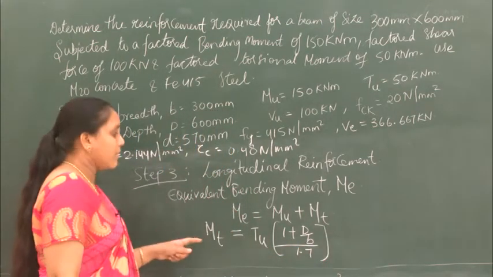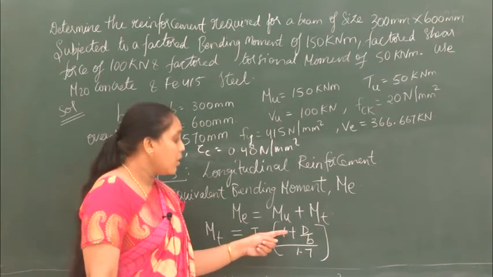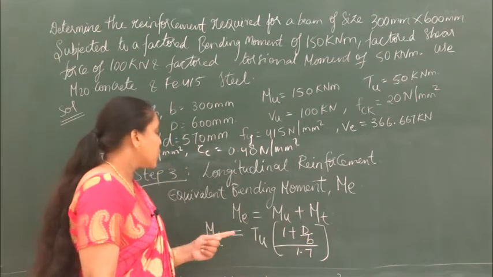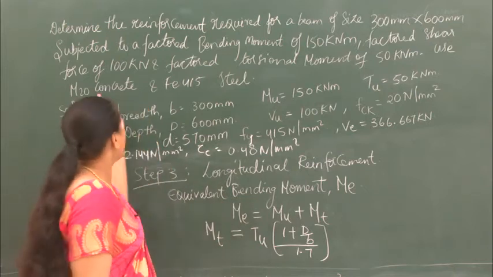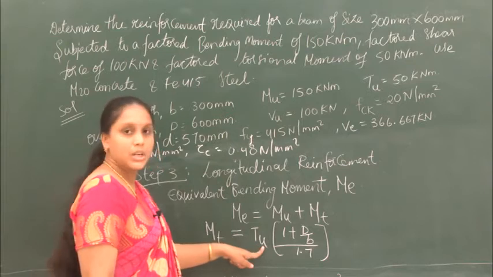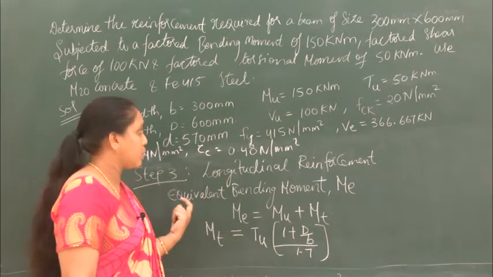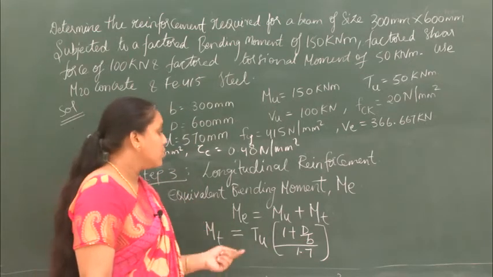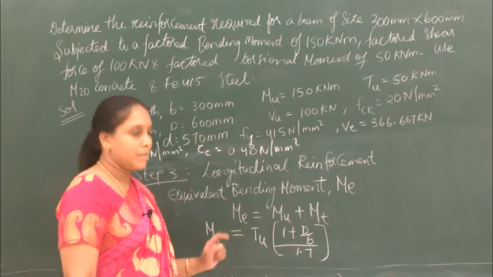We already know the value of TU. TU is the factored torsional moment, and D is the overall depth of the beam, and B is the breadth of the beam. So substitute all the values here so that we will get the value of MT.